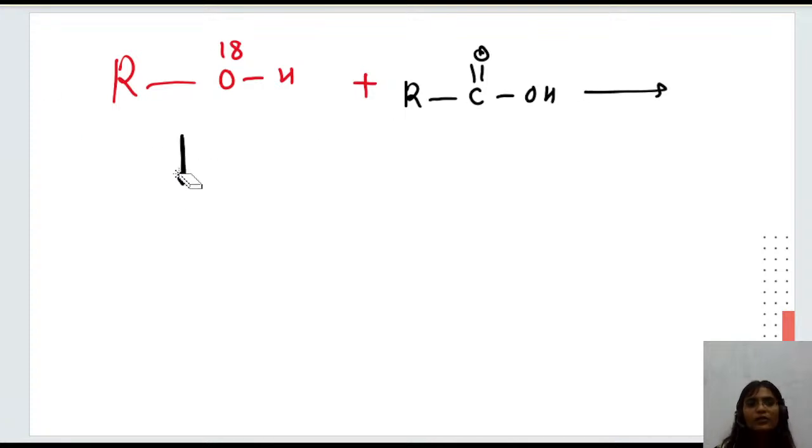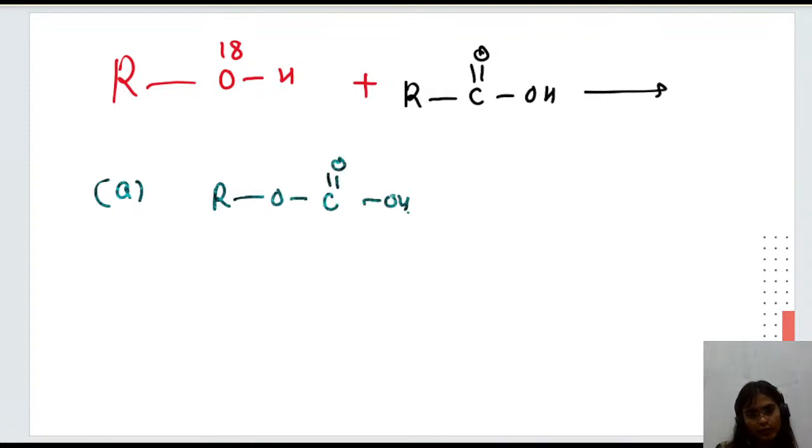We are discussing esterification, so let me add some acid. You have to identify the product. This is the correct product. Sorry. Okay, let's just use some R.